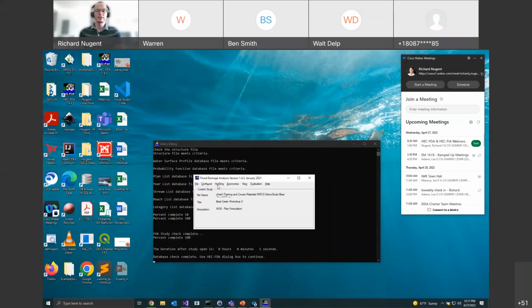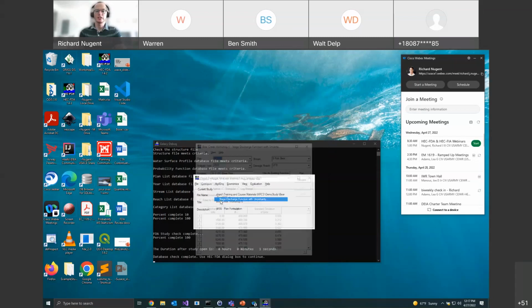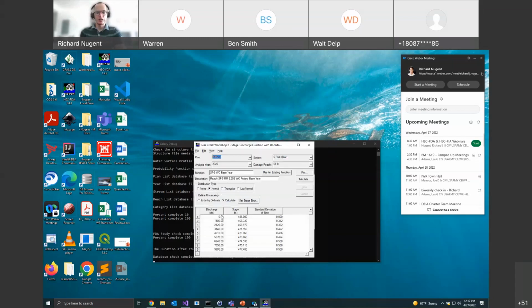We need our stage discharge functions. So that's also under the hydrologic engineering. So we enter our discharges and our stages, which we can again get from the water surface profiles. If we want to use HEC-FDA to calculate the uncertainty about the stages, we can tell HEC-FDA to do that, or we can enter by ordinate and enter these standard deviations of errors ourselves.